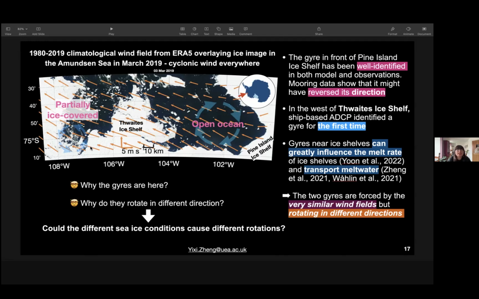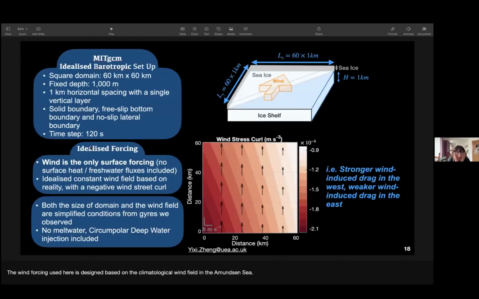Then to prove this, we start running the MITgcm idealized barotropic setup. So we have the schematic here. We have a square domain like this, and then we have the ice shelf here, and then we have the wind blowing off the ice shelf, and that is very similar to what we are observing in the Amundsen Sea.